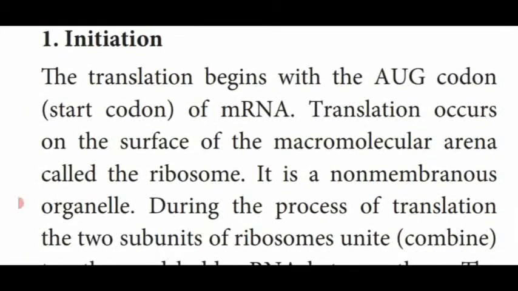Dear students, the translation starts with the region known as the AUG codon. What is AUG? We already saw the start codon, which specifies methionine, isn't it? So the translation begins in the region of the AUG codon of mRNA. This process occurs in the macromolecular region called ribosome. Underline the word.